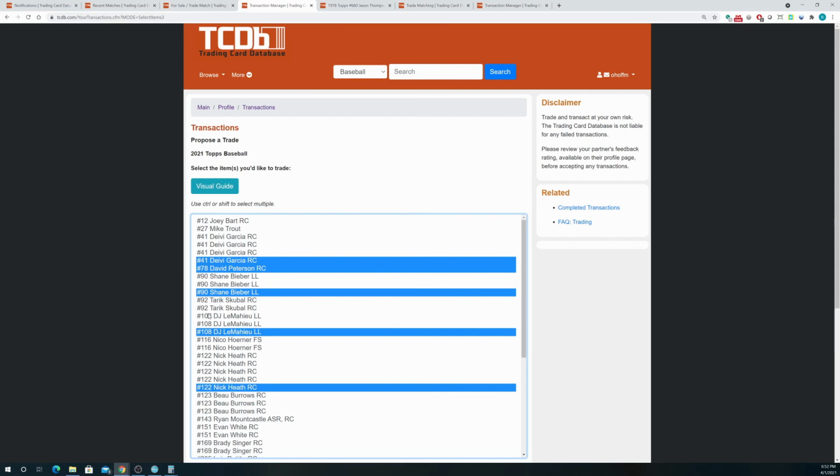And a third reason I would pick one where I have a lot of them is so if another transaction comes up and somebody wants that card, or I want to trade it to someone else, I can include it again without worrying about it, because I had 6 of them, so I can trade them to 3 different people at the same time and still have 3 left.